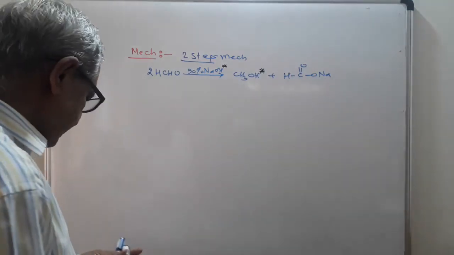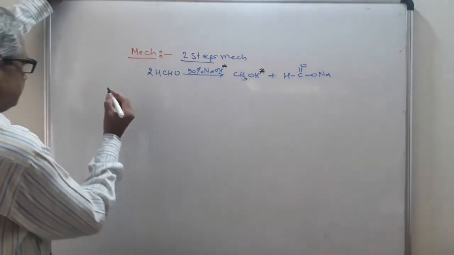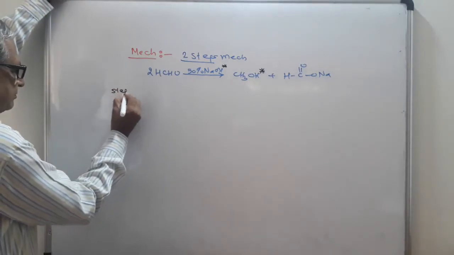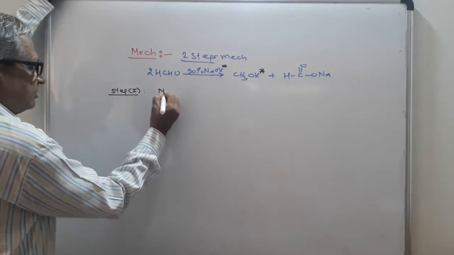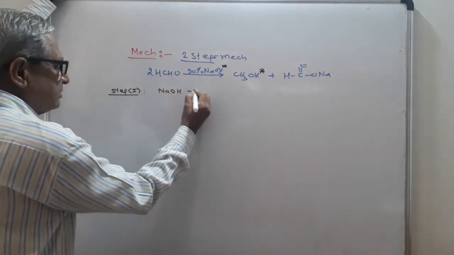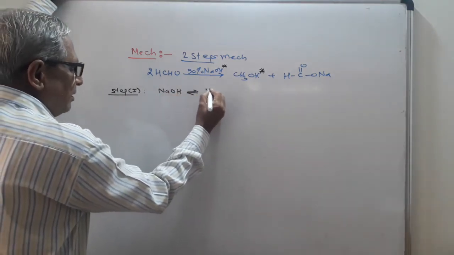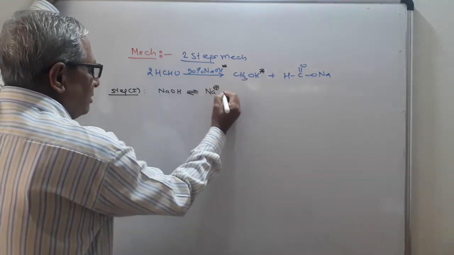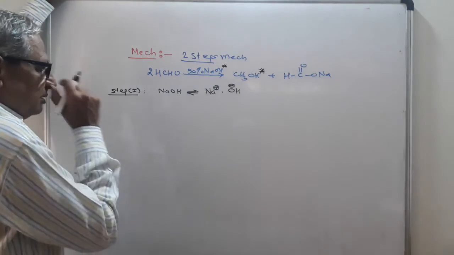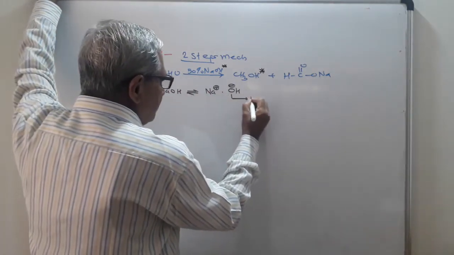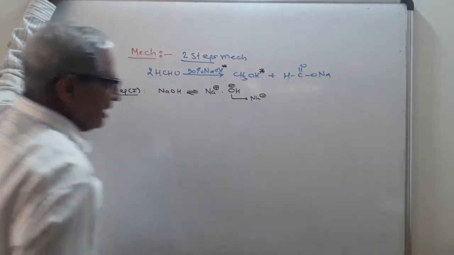Now see the mechanism here. Step first: NaOH will be ionized as Na+ and OH-. Now this will act as a nucleophile in this reaction.